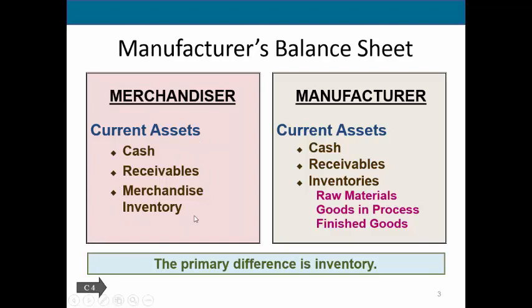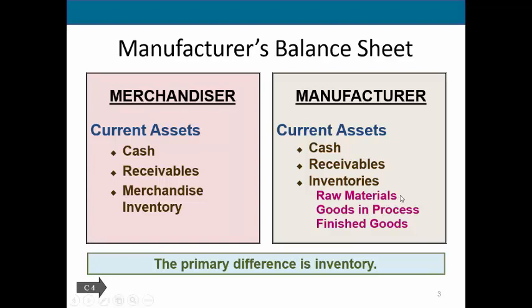This inventory that you talked about was merchandise inventory. It was inventory that had been purchased in order to resell. So what we're concentrating on is the difference between the merchandiser's inventory and the inventory you're going to have with a manufacturer. With a manufacturer, we've got three different categories.